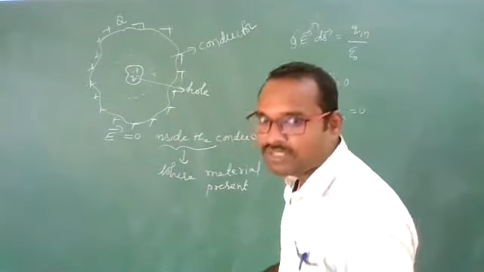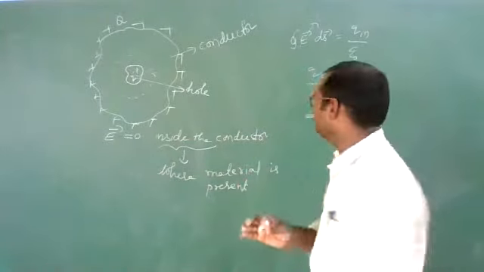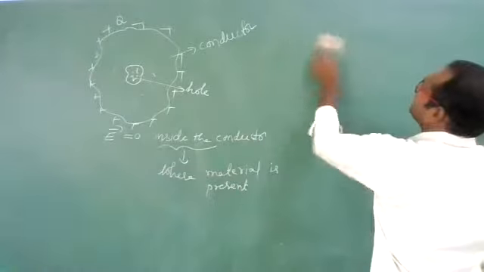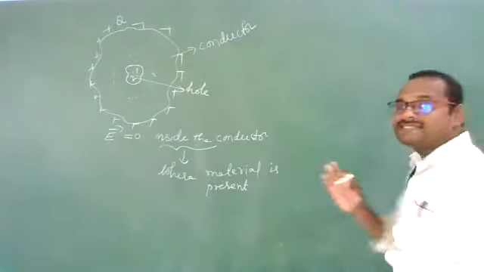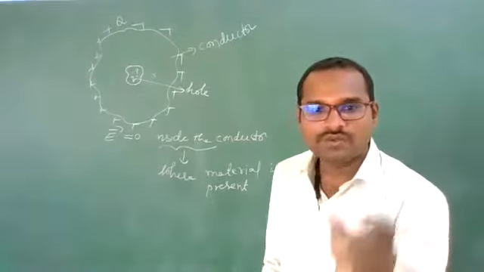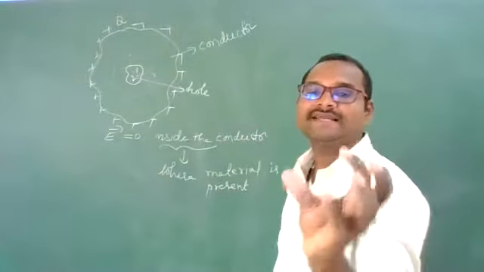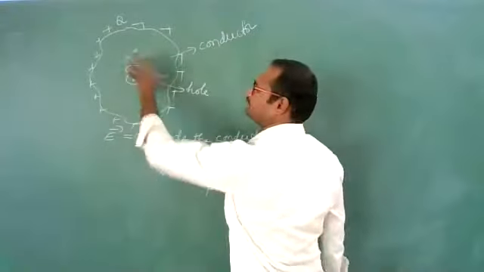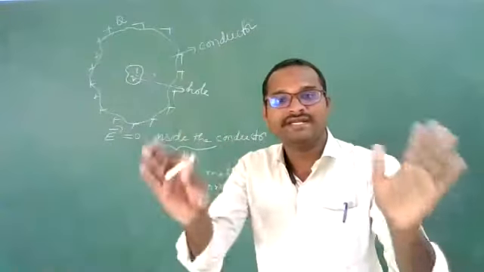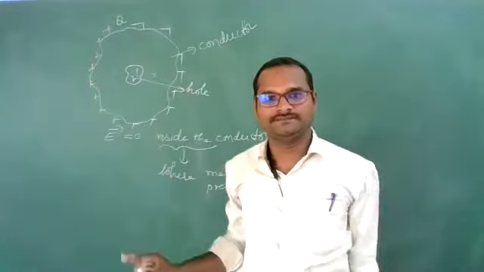For example, if you want to shield any electrically sensitive material from lightning, you can keep that material inside the cavity so that it is shielded from any external electric field.